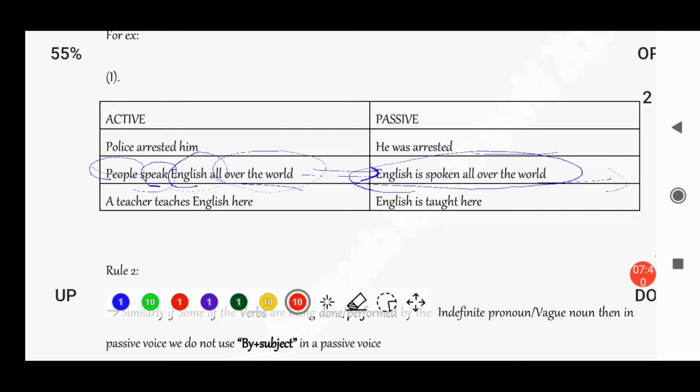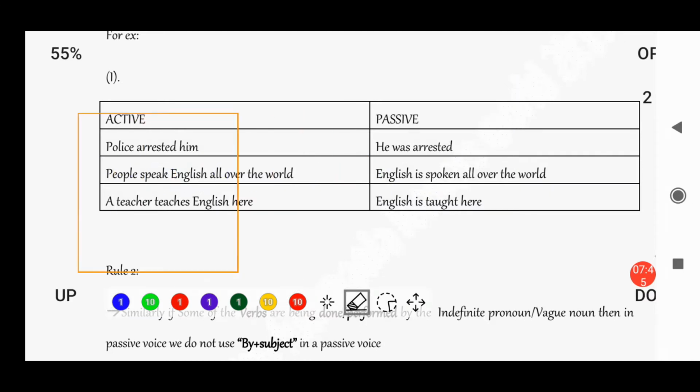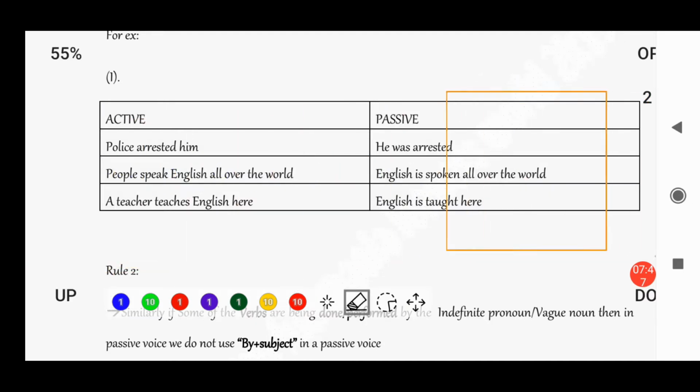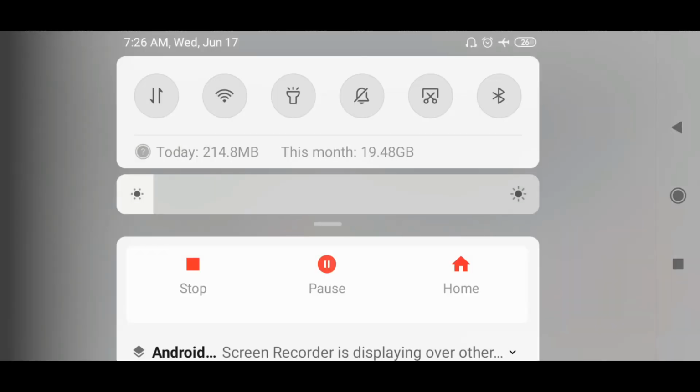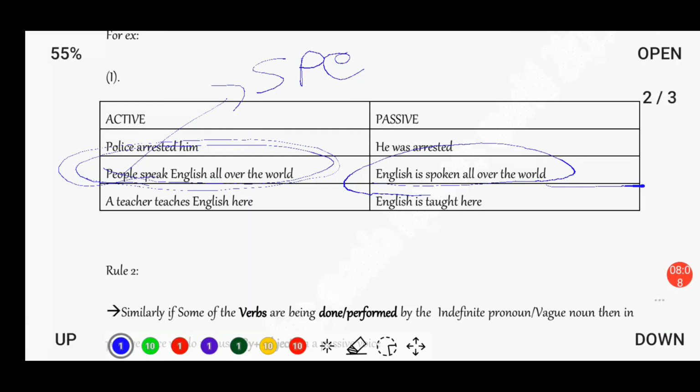Suppose we write: English is spoken all over the world, but not by people, because we already know by whom this verb is being performed, by the people. So people here is a specific subject, and we do not need to mention it in the passive voice.